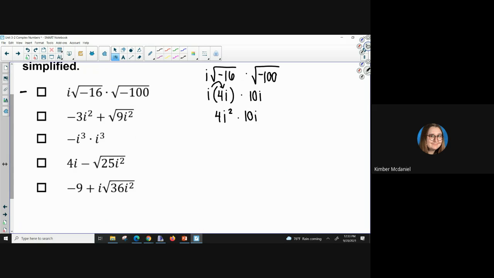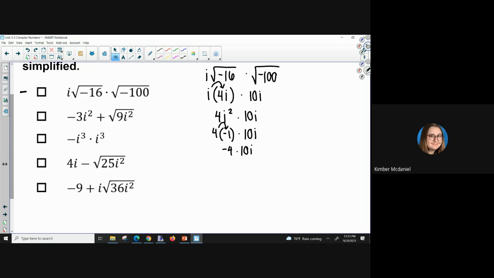Now, you can do this different ways. The way that I do it is anytime I see an i squared, I immediately replace it with what though? Negative 1. Because i to the second is negative 1. So I have 4 times negative 1 minus 10i. Because i squared is equivalent to negative 1. 4 times negative 1 is negative 4.